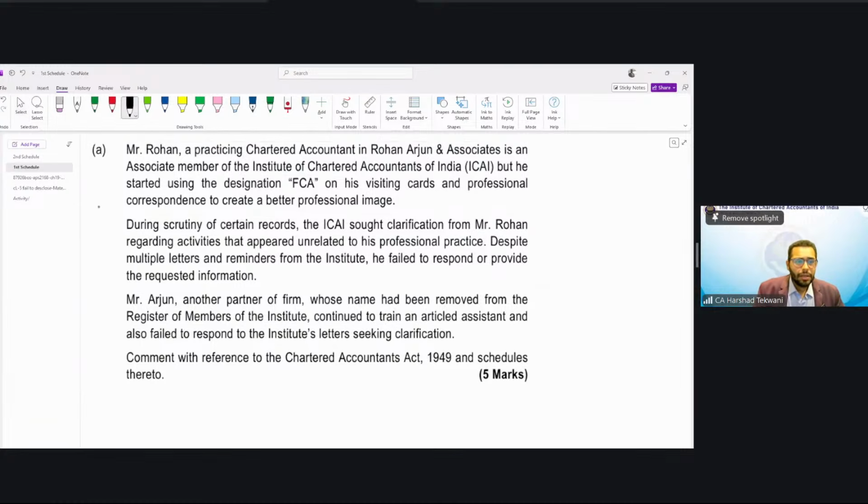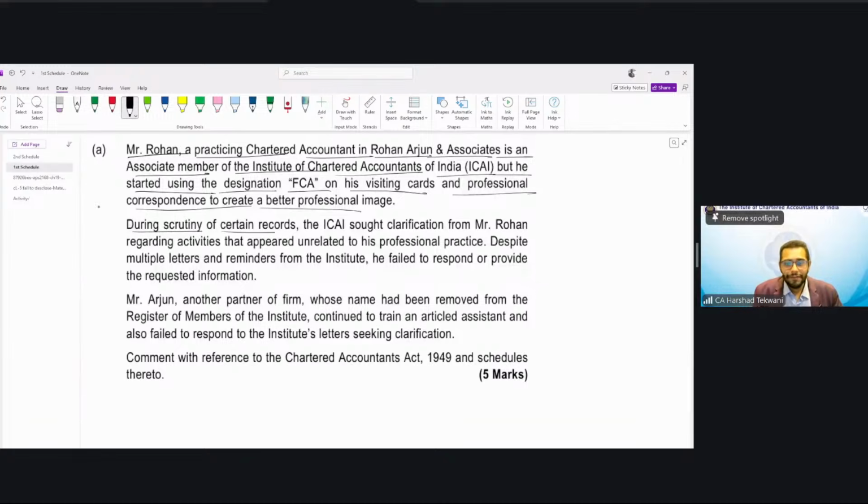So the question is, Mr. Rohan, a practicing chartered accountant in Rohan Arjun and Associates, is an associate member of the Institute of Chartered Accountants of India, but he started using his designation FCA on his visiting card and professional correspondence to create a better professional image.